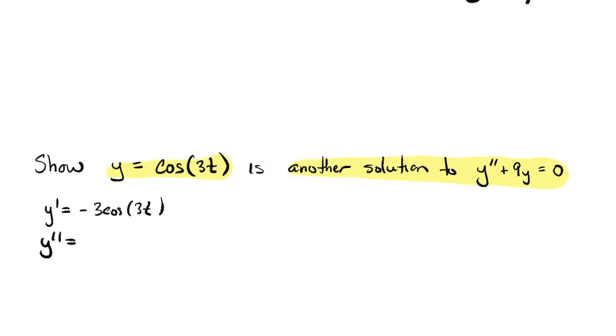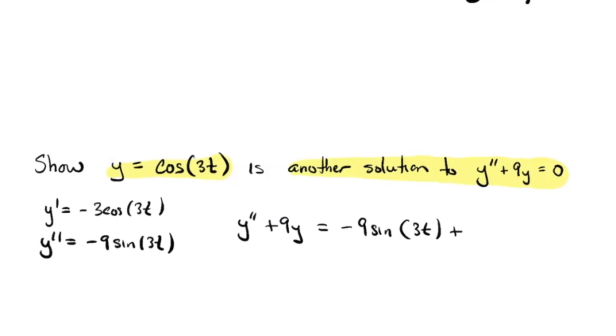And y double prime would be, well, minus 9 times the sine of 3t after the differentiation. So I think you can see it right away that y prime prime plus 9y is, well, in this case, it's minus 9 sine 3t plus 9 times sine 3t. And again, that's equal to 0. So we have another solution.